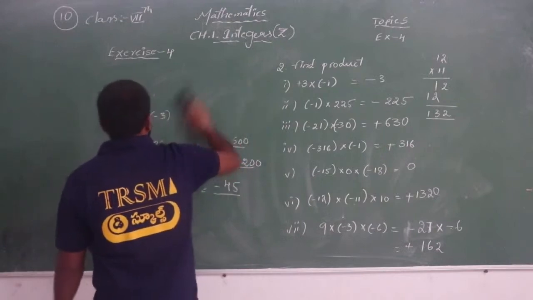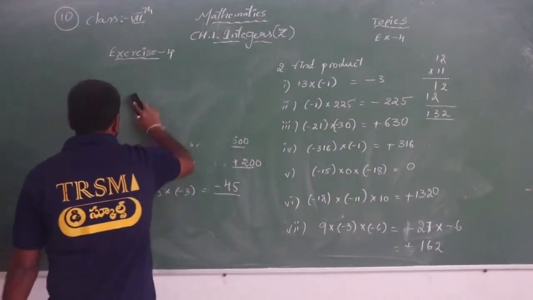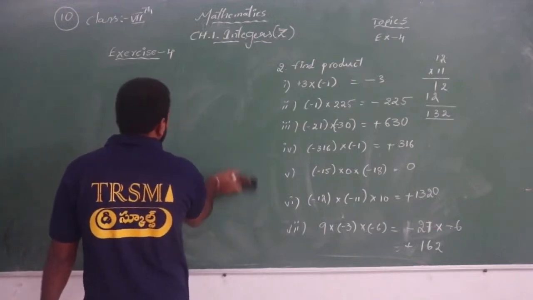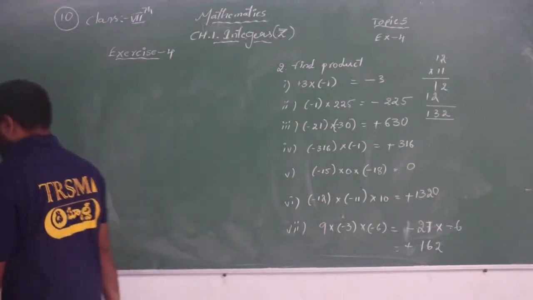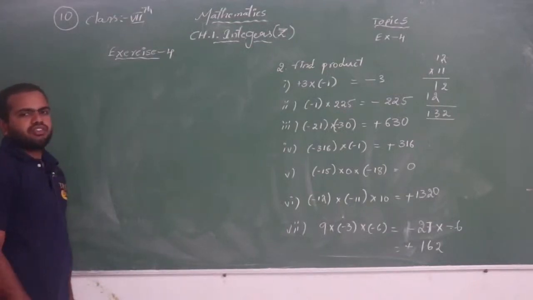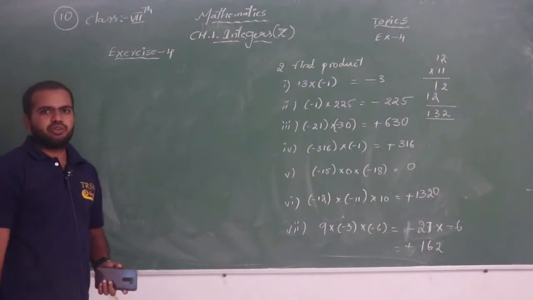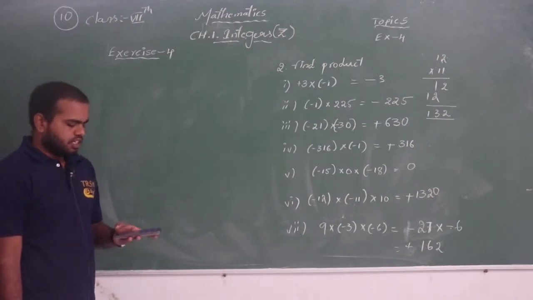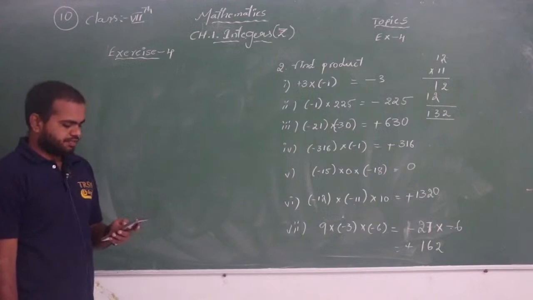It's very simple, just multiplication. The main thing to remember is the 4 rules: the product of 2 positive integers, the product of 1 negative and 1 positive, and the product of 2 negative numbers. You have to remember what each will be. Now see the next bit.